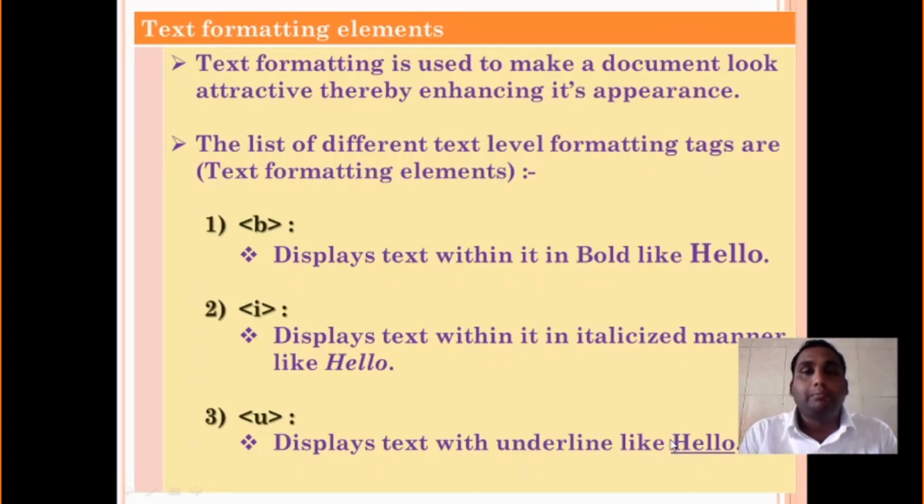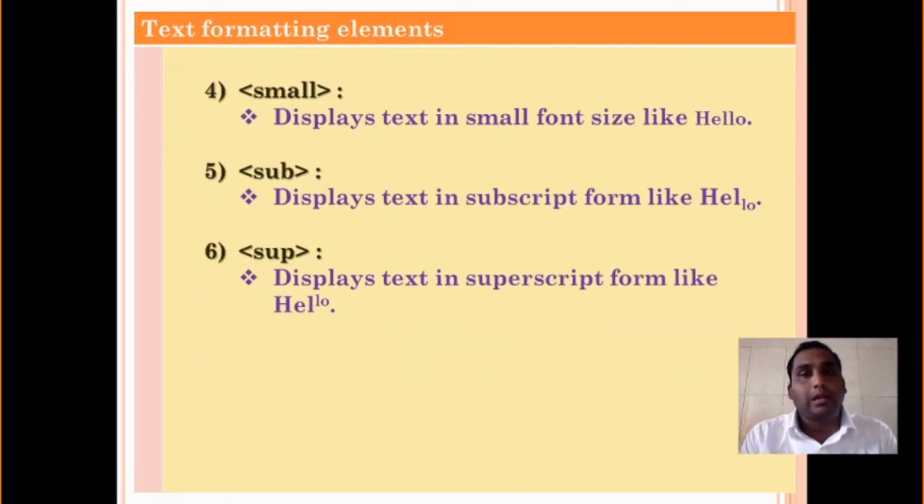They are: B tag is used to display the text in bold, I to display the text in italics, U to display the text with underline, small displays the text in a small size as compared to the surrounding text, sub displays the text as in subscript.